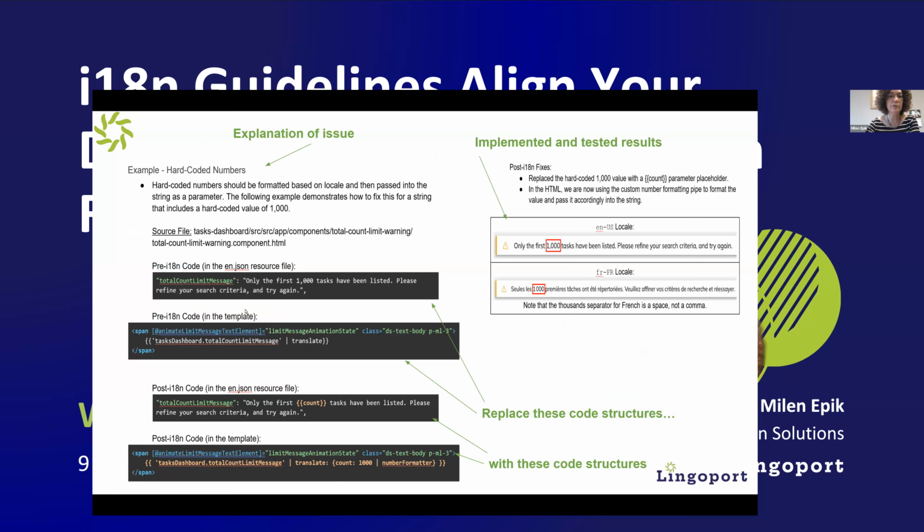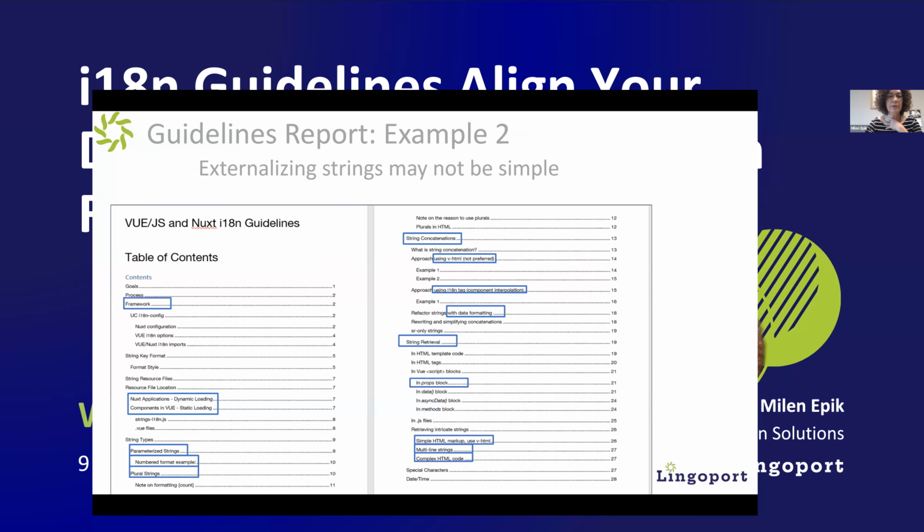This is how to do things in a JSON resource file or in a template, and then how they need to be replaced instead. So pre-internationalization and post-internationalization. We also like to show when it's tested how it looks, and there will be some information on that. And here's a second example.